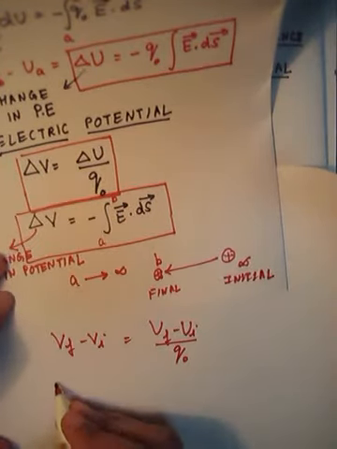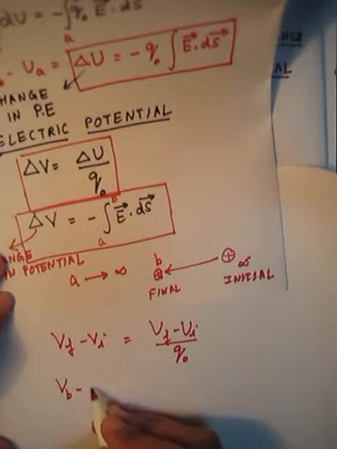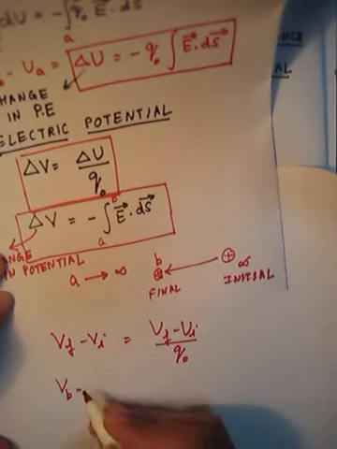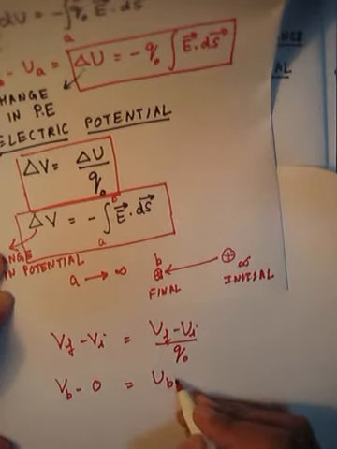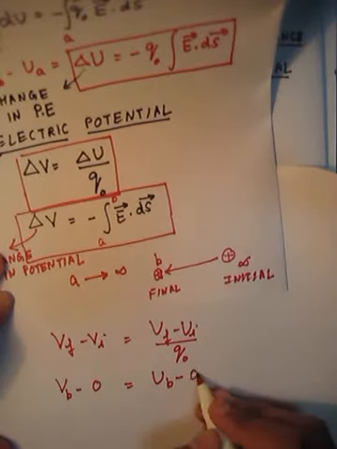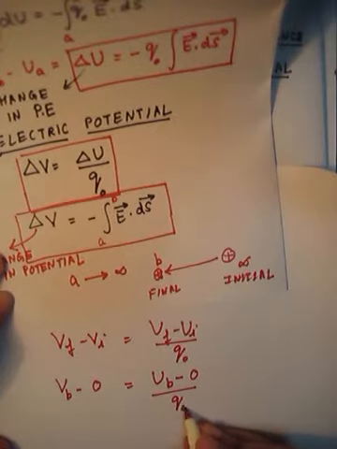So final will be VB minus, now at infinity the potential will be 0, and so final will be potential energy, and this is 0, upon Q naught.